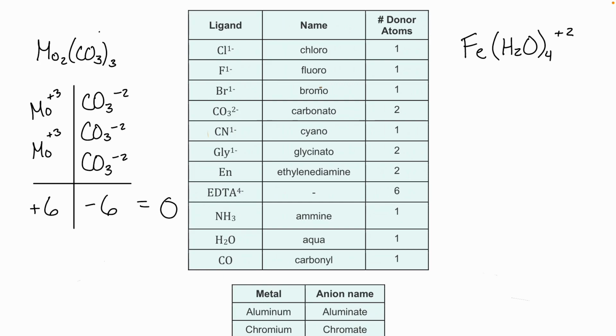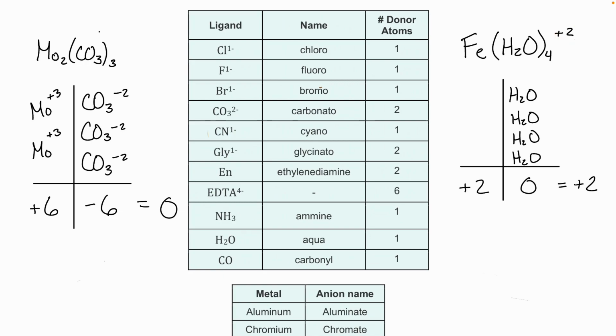Yeah, it might seem like a little bit of a trick question, but we're going to play the exact same game. I got 4 waters. What's the charge on each of those water molecules? 0, right? Water doesn't have a charge. And everything's got to sum up to +2 because that's the net charge on this compound. So that means my iron ion has to have a charge of +2.